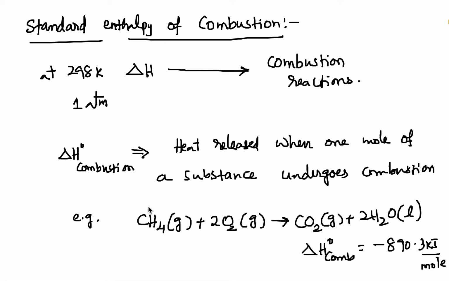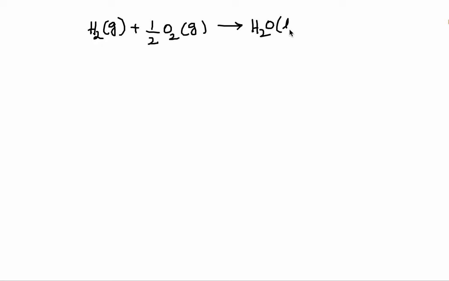So what is the combustion of hydrogen? As we are doing the combustion of hydrogen, hydrogen must be 1 mole. So in the thermochemical equation, that is H2 gas. To do the combustion of 1 mole of hydrogen, we must use half mole of oxygen gas, and we will end up with H2O liquid, 1 mole.